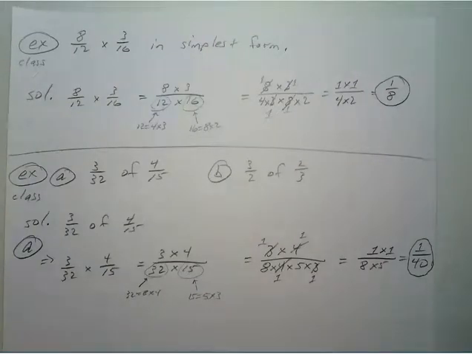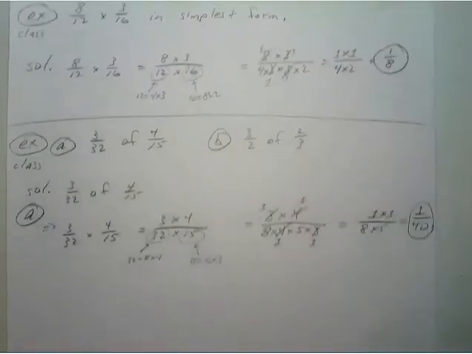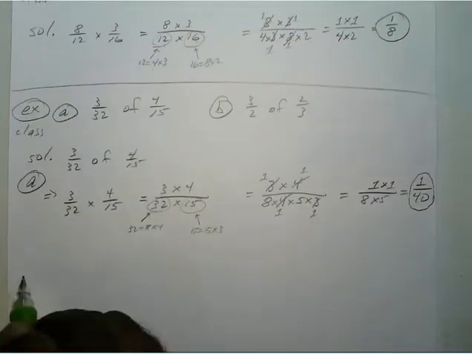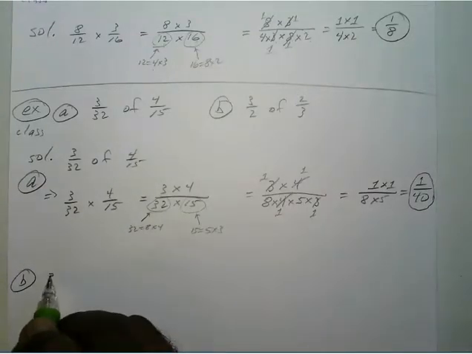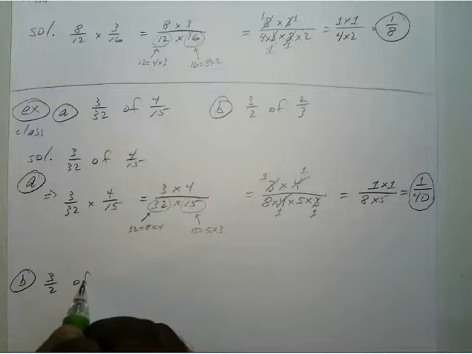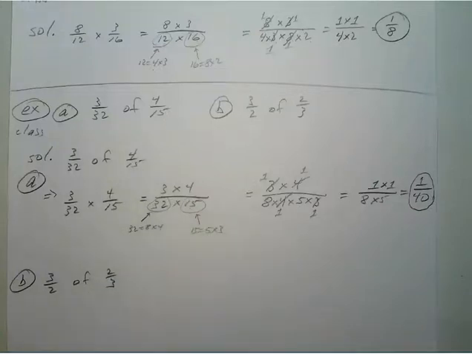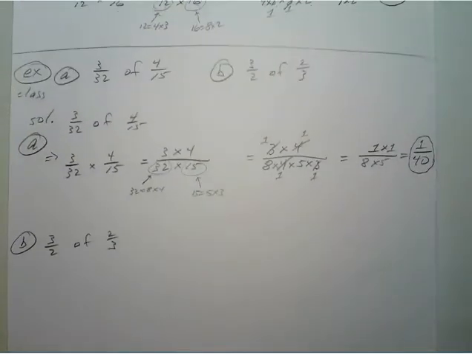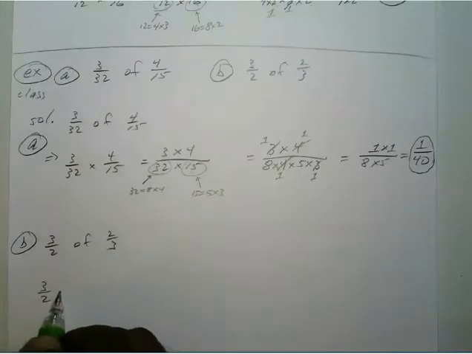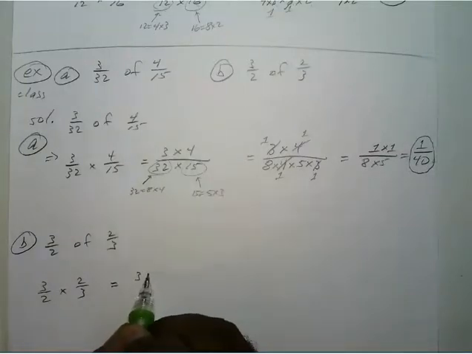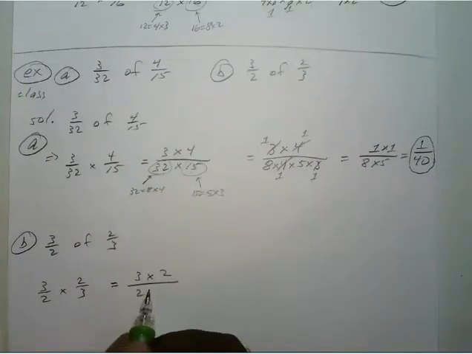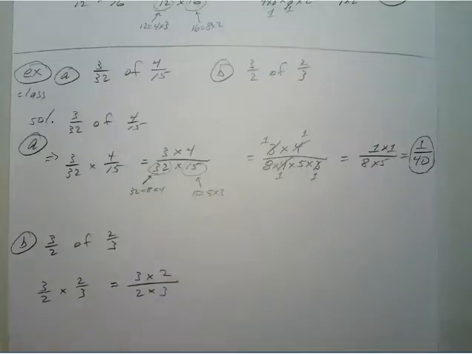All right, so now let's go ahead and solve problem B. Okay, so 3/2 of 2/3. That is just 3 over 2 times 2 over 3, which is 3 times 2 over 2 times 3.